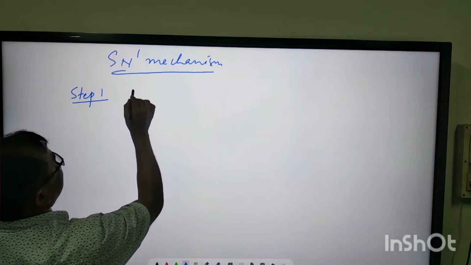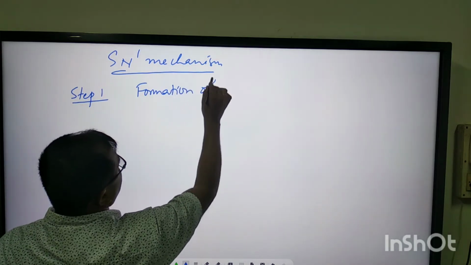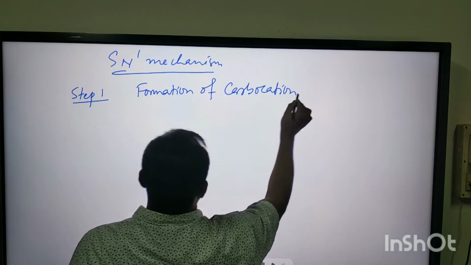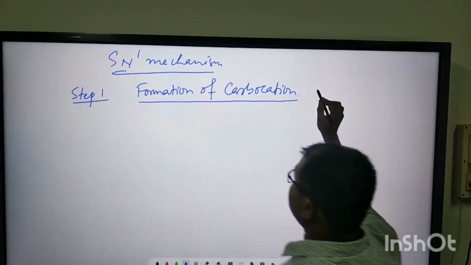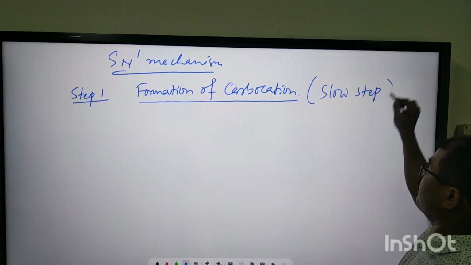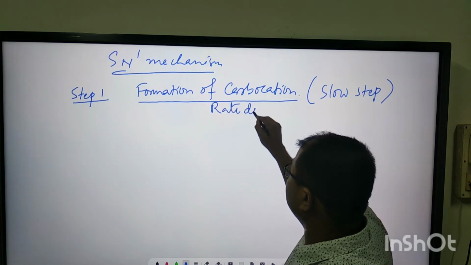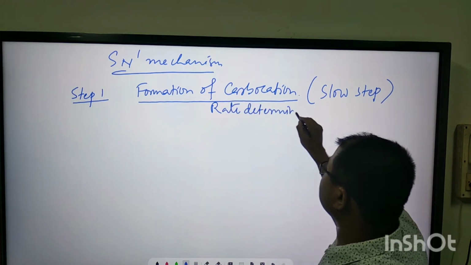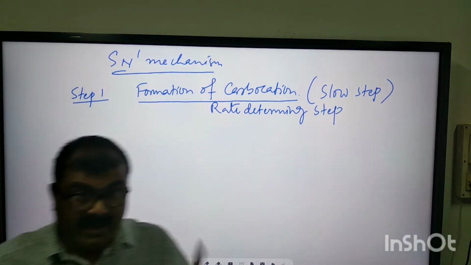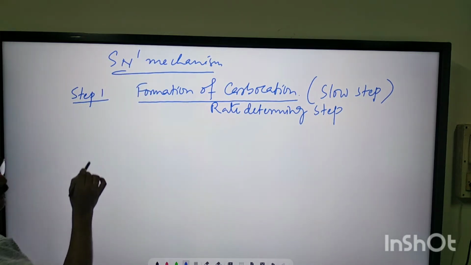Step 1 is the formation of carbocation, which is a slow step, and this is called RDS, the rate determining step. Remember, why it is called the rate determining step? I will explain it.